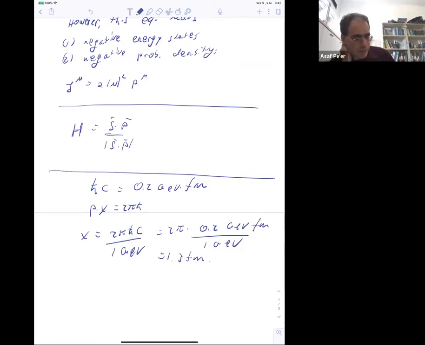For some reason, some of you got confused there. I'm not sure why. Something easy to remember: for me, 1 GeV is roughly the mass of the proton, and 1 femtometer is the size of the nucleus of the atom.